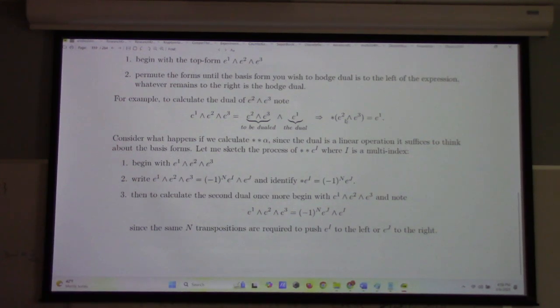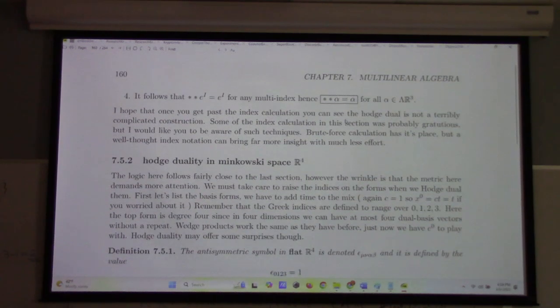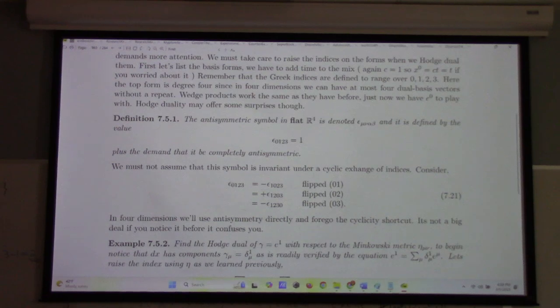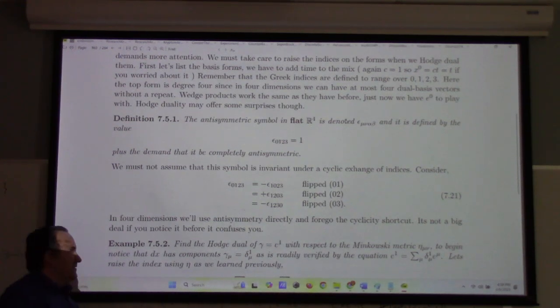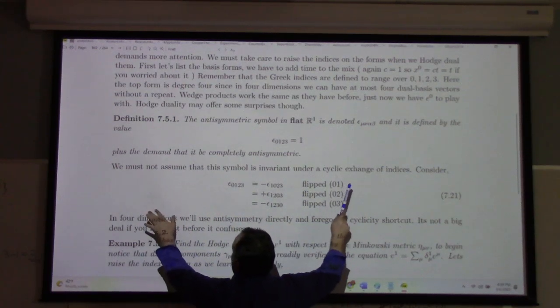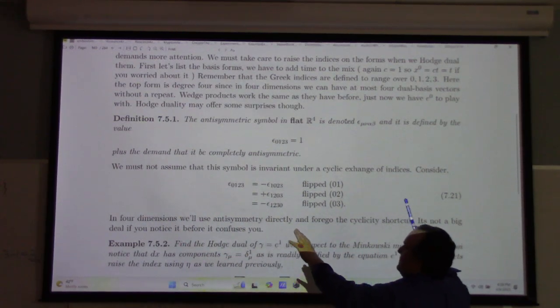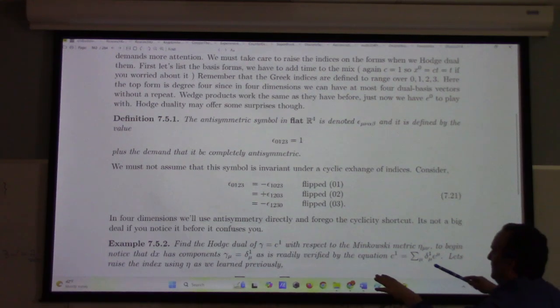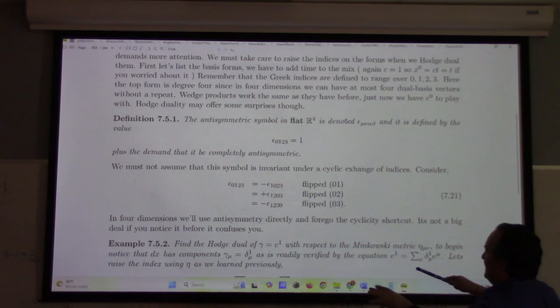On the flip side, in Minkowski space, you've got to be careful. This paragraph here, I assure you, is the result of like an hour of suffering, for sure, for me to write this here.